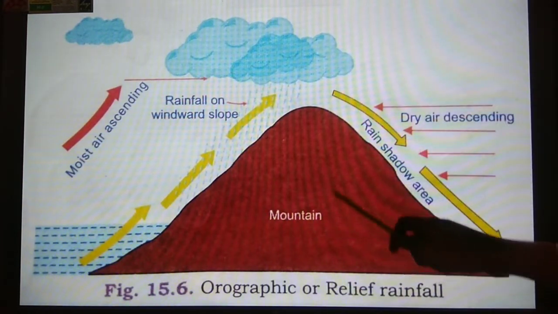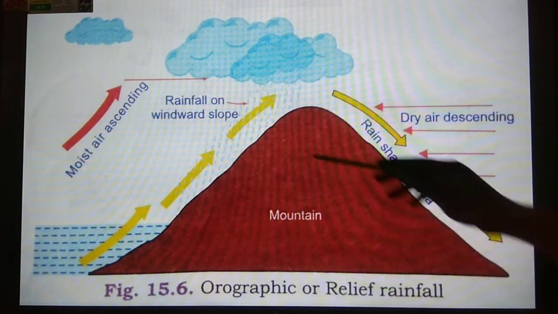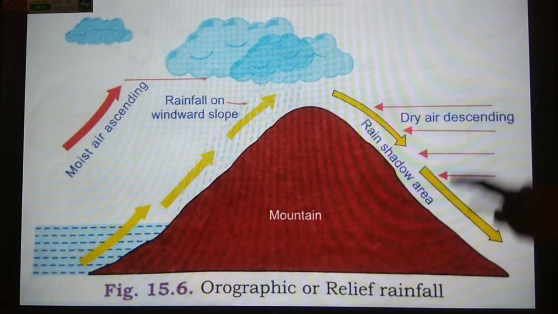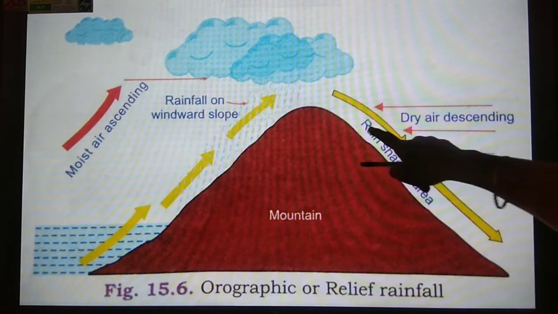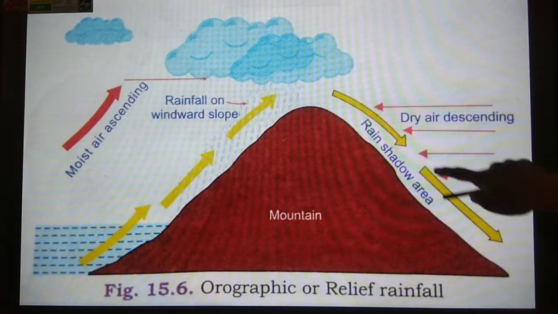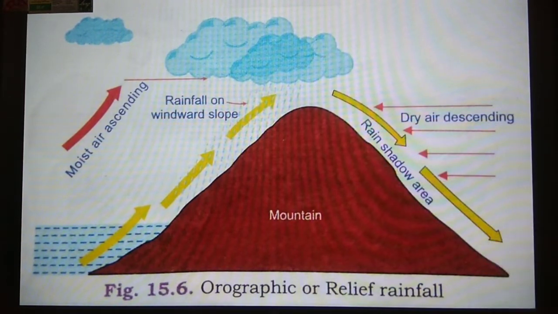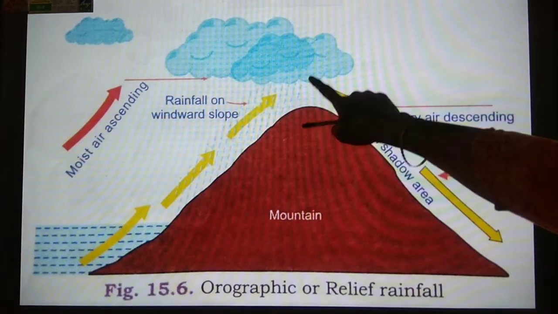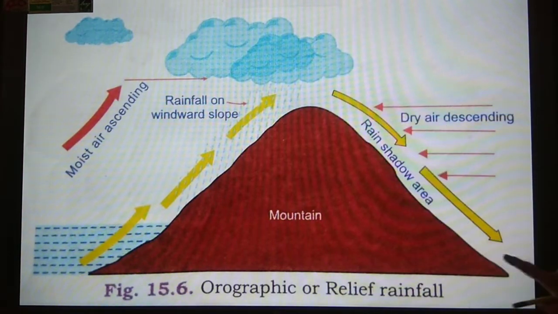And why does it happen? Because these mountain barriers lie in the direction of the prevailing wind. Now on the other side, that is the leeward side or rain shadow area, there is a decrease in altitude, and the wind starts descending with the slope.